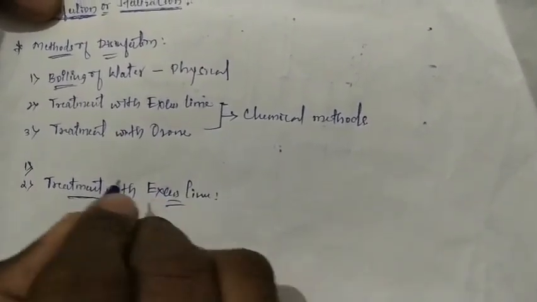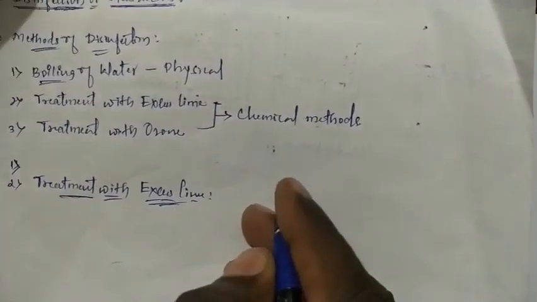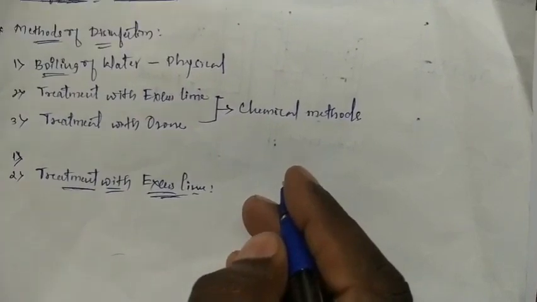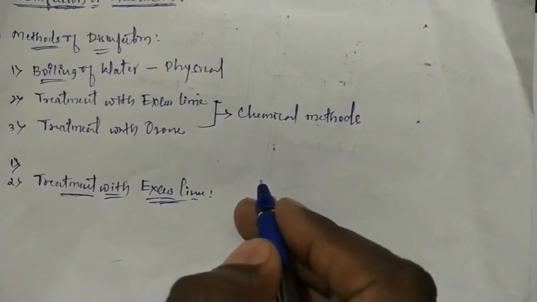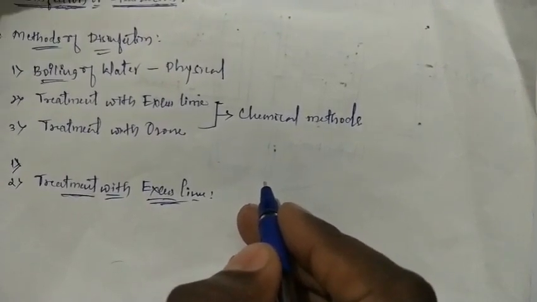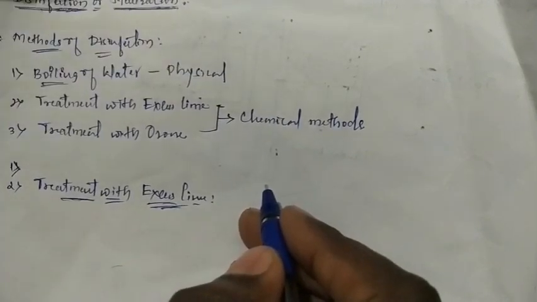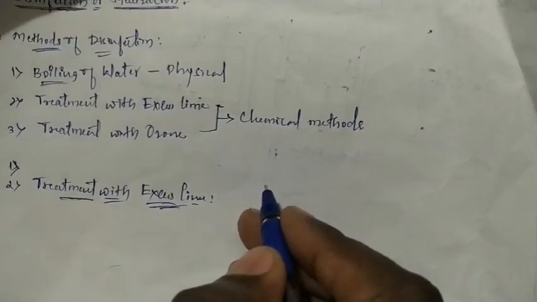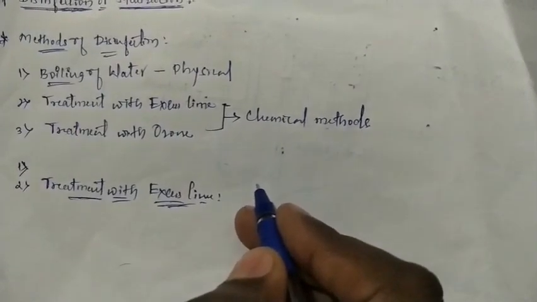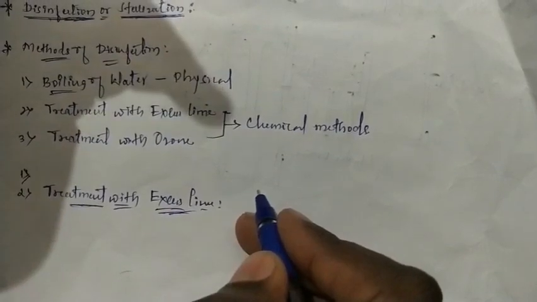In a water purification system we can use excess lime for adjustment of pH. This lime is also used as a disinfectant. For softening, meaning to remove the hardness of the water, we also use lime here. So the lime may kill the bacteria, and it also reduces the hardness of the water.